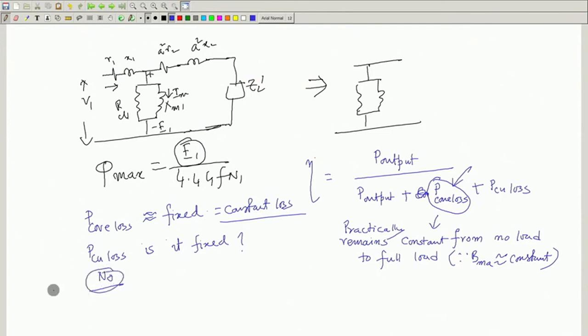Why no? The answer is very simple. As you change the load, the currents I2 and I2 dash will change. What do you mean by loading? From no load condition, I will draw the actual diagram, Z2, you are varying Z2 to vary the load on the transformer.